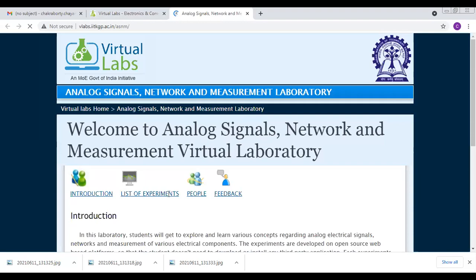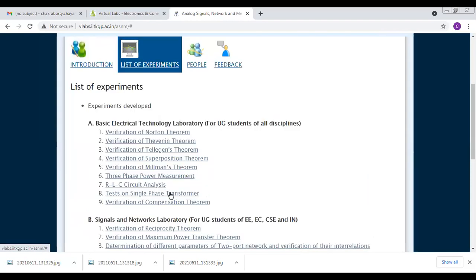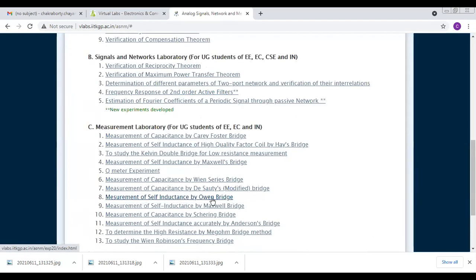So now we can start any one of these experiments. Very easy is the Maxwell bridge, measurement of self inductance by the Maxwell bridge. Okay, self inductance.